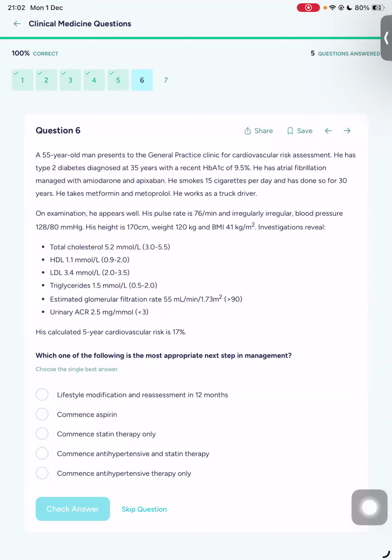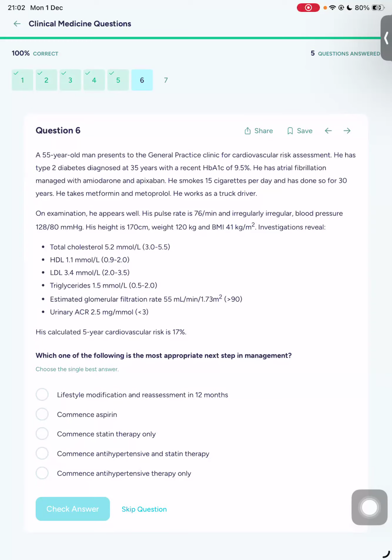Investigations reveal total cholesterol 5.2, HDL 1.1, LDL 3.4, triglyceride 1.5, estimated GFR 55, urinary ACR 2.5. Okay, so the calculated 5-year cardiovascular risk is 17%.